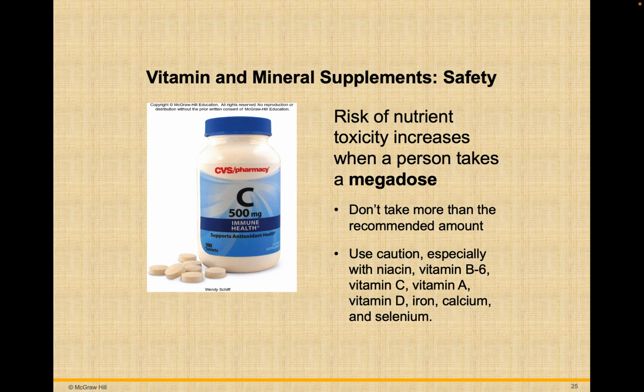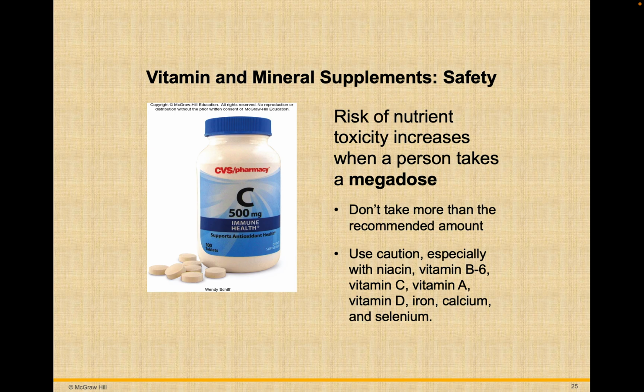As you can see in this slide, safety is a concern for those who take vitamin and mineral supplements. For those who take a megadose, there is a risk of nutrient toxicity. This is especially important when taking niacin, vitamin B6, vitamin C, vitamin A, vitamin D, iron, calcium, and selenium.